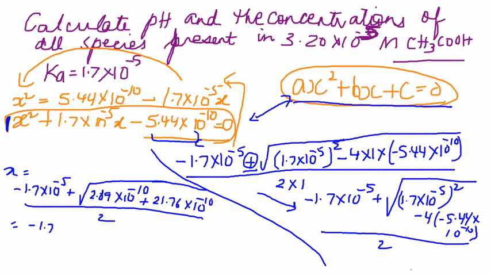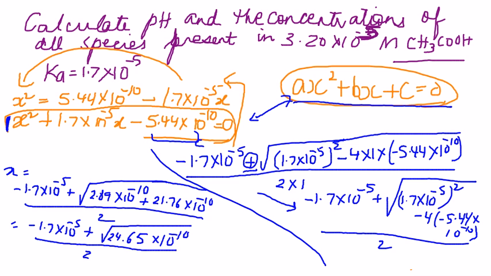So that gives me negative 1.7 times 10 to the negative 5 plus the square root of, on my calculator, 24.65 times 10 to the negative 10. So 24.65 is what came from the addition of the 21.76 and the 2.89. And when you take the square root of that, that will look like negative 1.7 times 10 to the negative 5th plus 4.96 times 10 to the negative 5th, divided by 2.